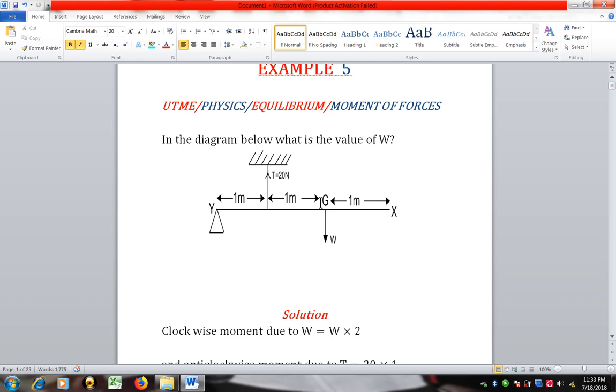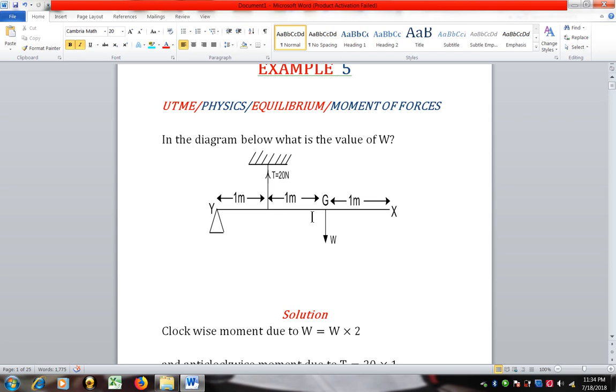The body tends to rotate downward about this point. The entire rod tends to rotate downward about this fulcrum, while this string tends to pull the body upward with respect to the fulcrum.